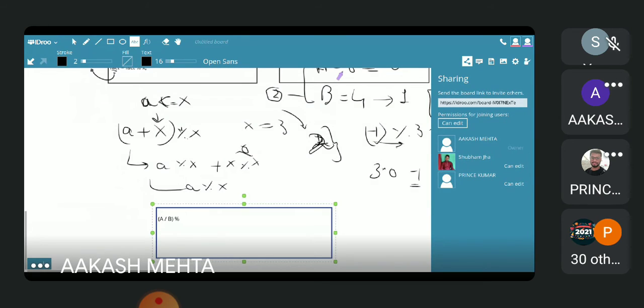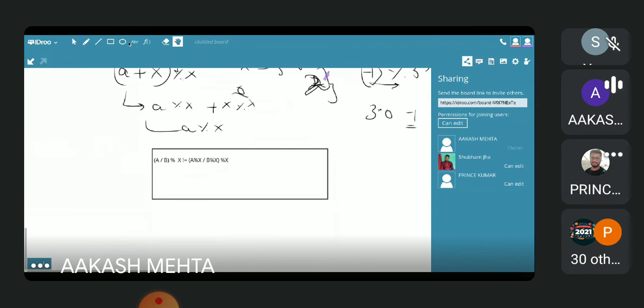This is not equal to a modulo x by b modulo x, whole modulo x. So this property is invalid. Let me show you how.